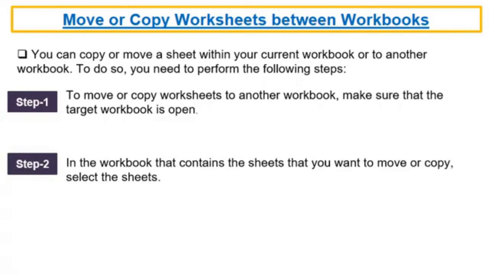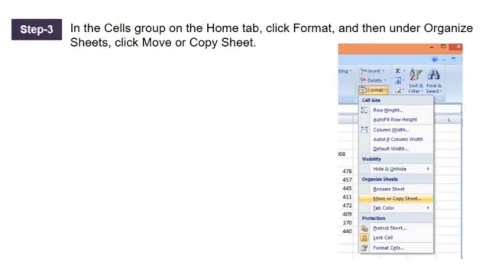Step 2. In the workbook that contains the sheets that you want to move or copy, select the sheets. Step 3. In the Cells group, on the Home tab, click Format and then under Organize Sheets, click Move or Copy Sheet.